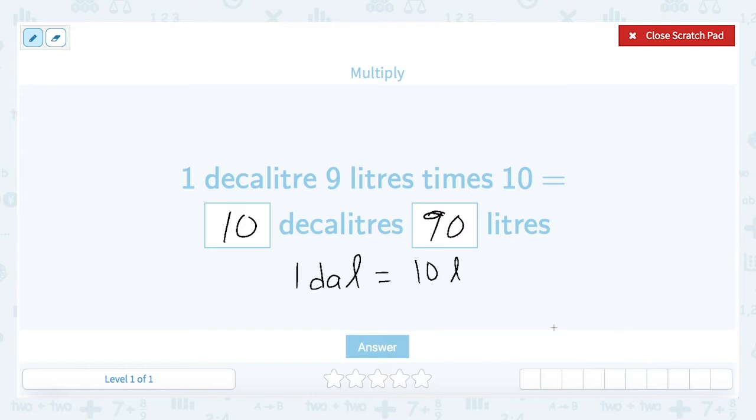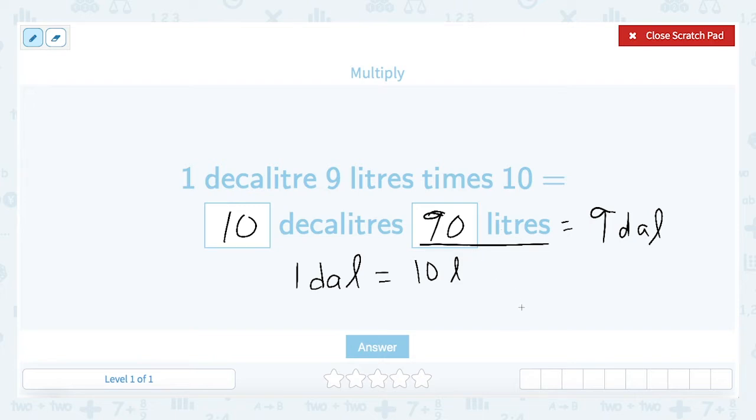So what that means is that this 90 liters is actually 9 decaliters. This part right here, 90 liters, is the equivalent of 9 decaliters because for every 10 liters, you get another decaliter.